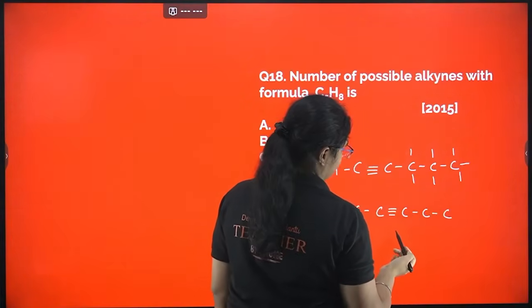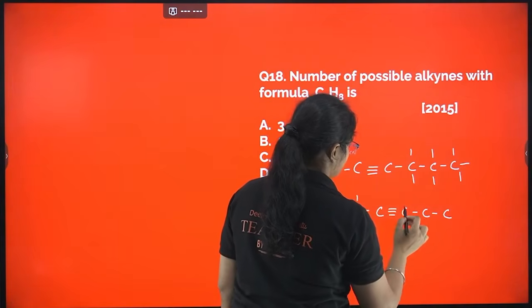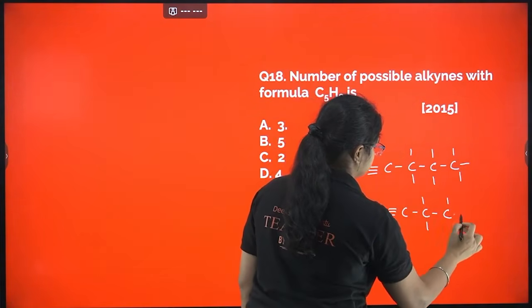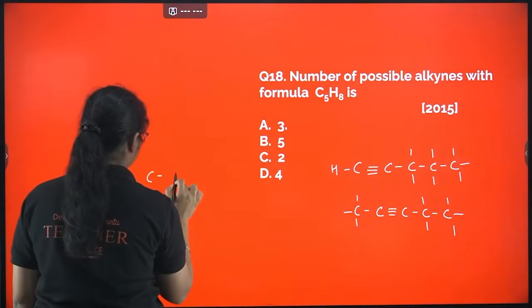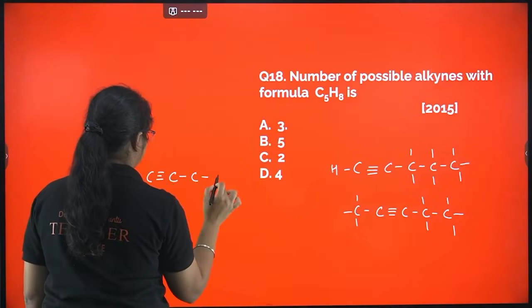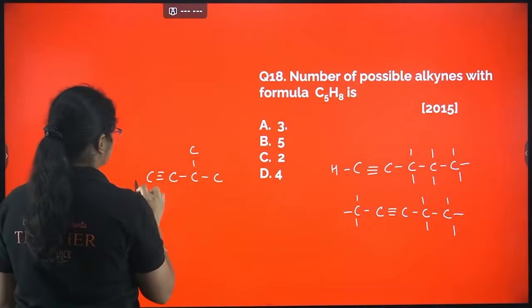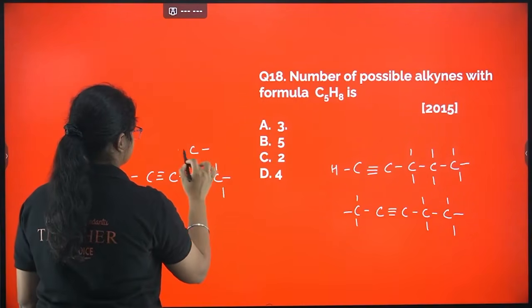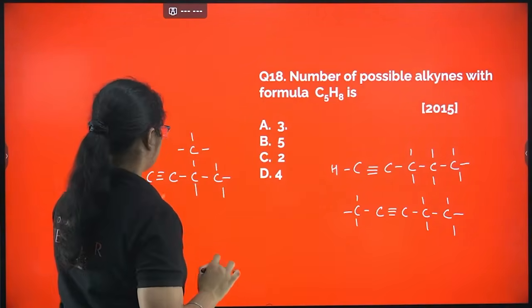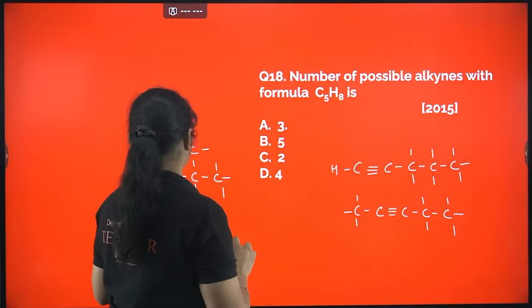Next I can have one carbon branch like this. So I think these 3 are possible.